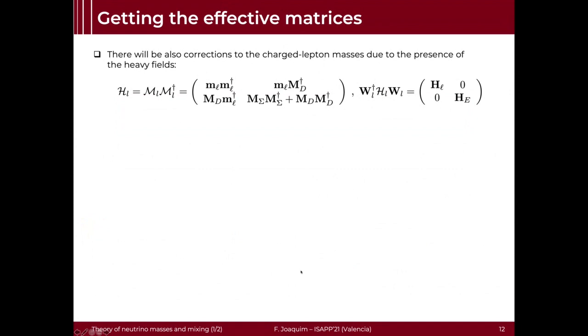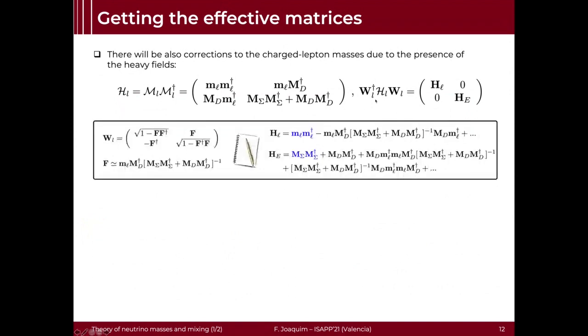For the charged lepton masses, it is convenient to look at the matrix ML dagger, because this is rotated by a single rotation. I call this rotation WL. You may do the same exercise as before.